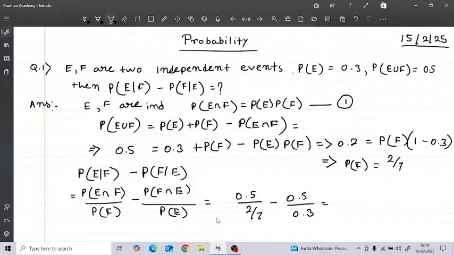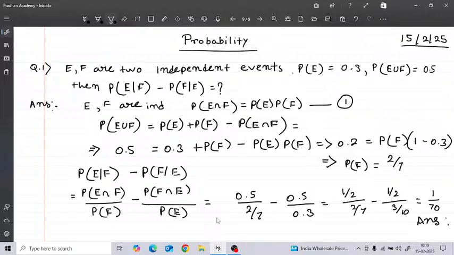So from this we will get half by 2 by 7, minus half by 3 by 10. From calculating this we will get 1 by 70. That's the answer.